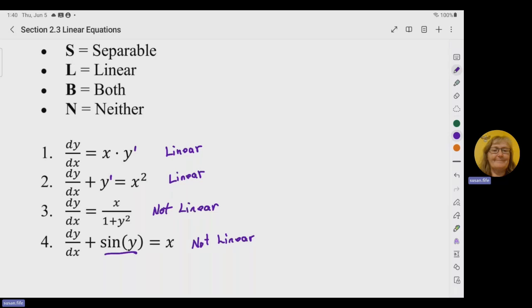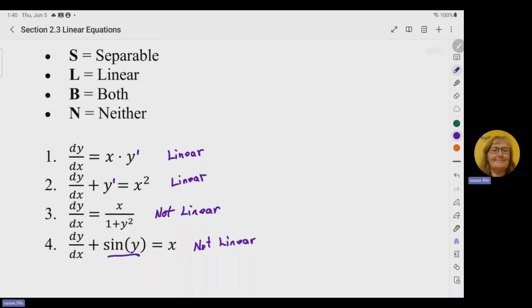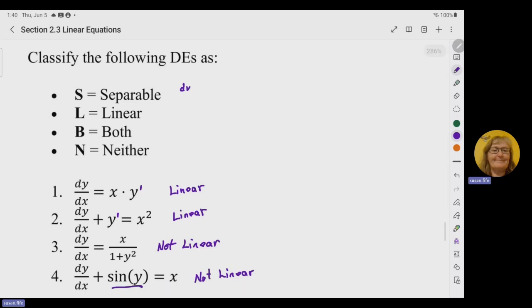And then for separable, remember that you want to be able to write the derivative as a function of x times a function of y. And number 1, you have a function of x times a function of y. So this one is also separable.